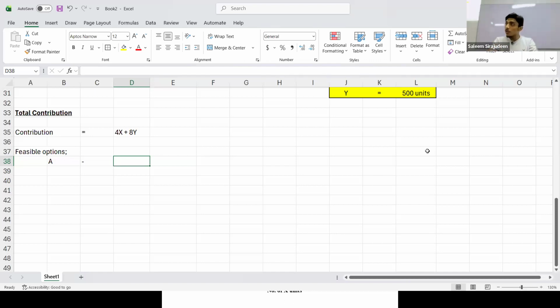In point A, you have 0 units of X and 900 units of Y. This is your point A, correct?